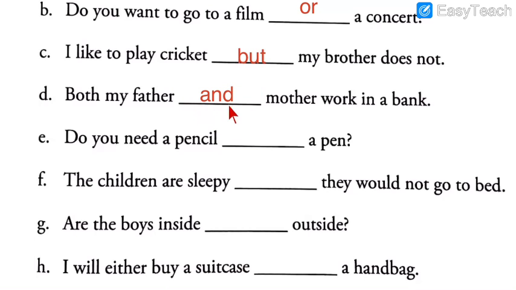Why have I written and here? Because father and mother both are working in the bank. Here the word both is already used to indicate that both of them are included in this activity. So if both is written, obviously and will come. Both me and my brother, both my father and mother. So when both is used, and is always used as a conjunction.